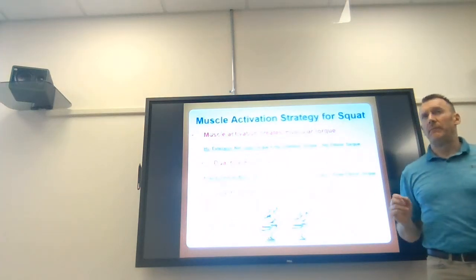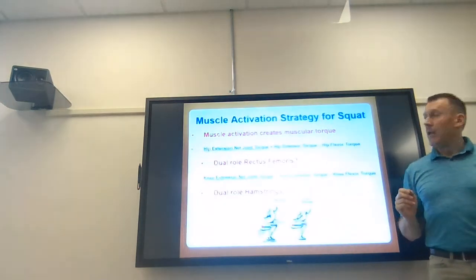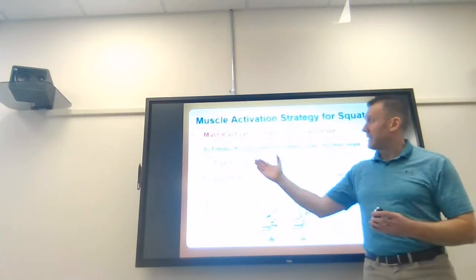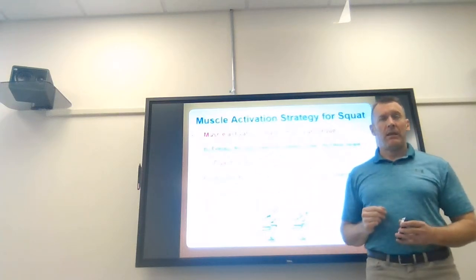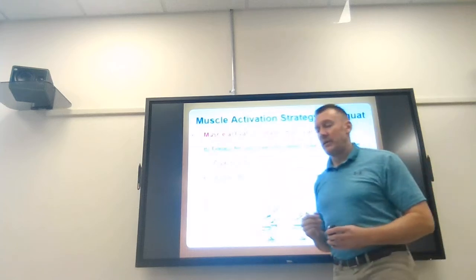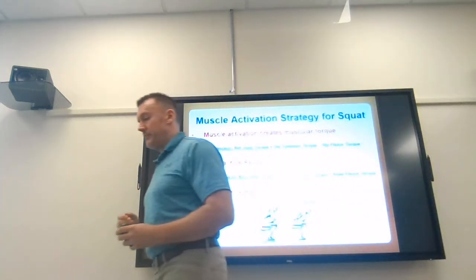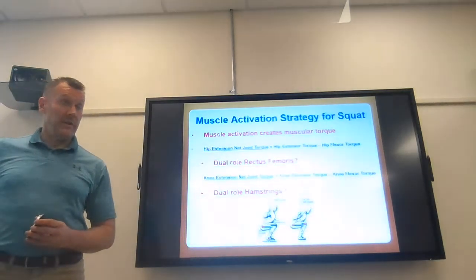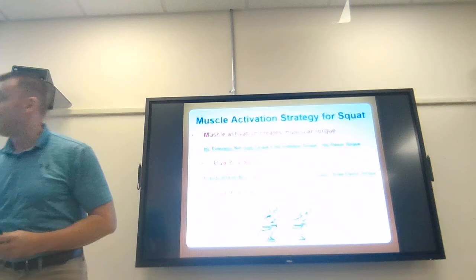Questions on that part? So the problem that we run into is the rectus femoris. Rectus femoris has two functions. It acts as a hip flexor, but what else does it do with the knee joint?